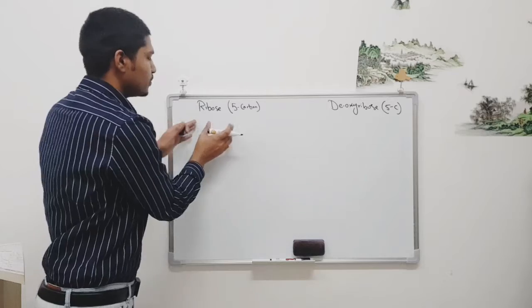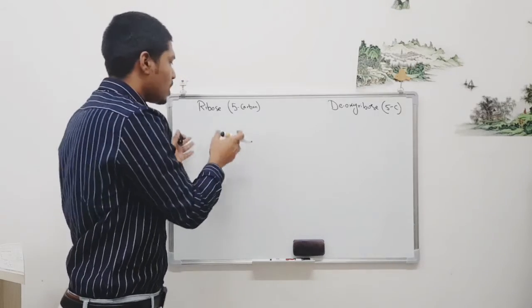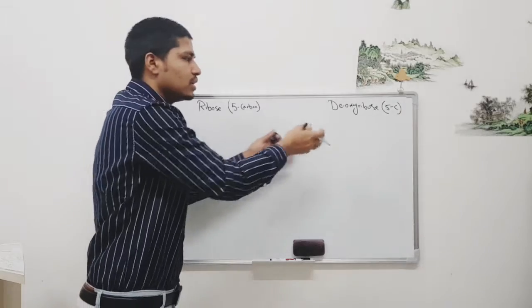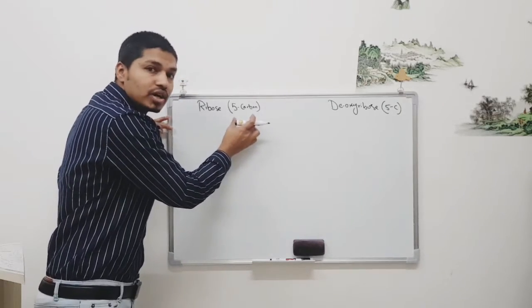First we will look at the ribose, and then I will tell you how the ribose can become deoxyribose.